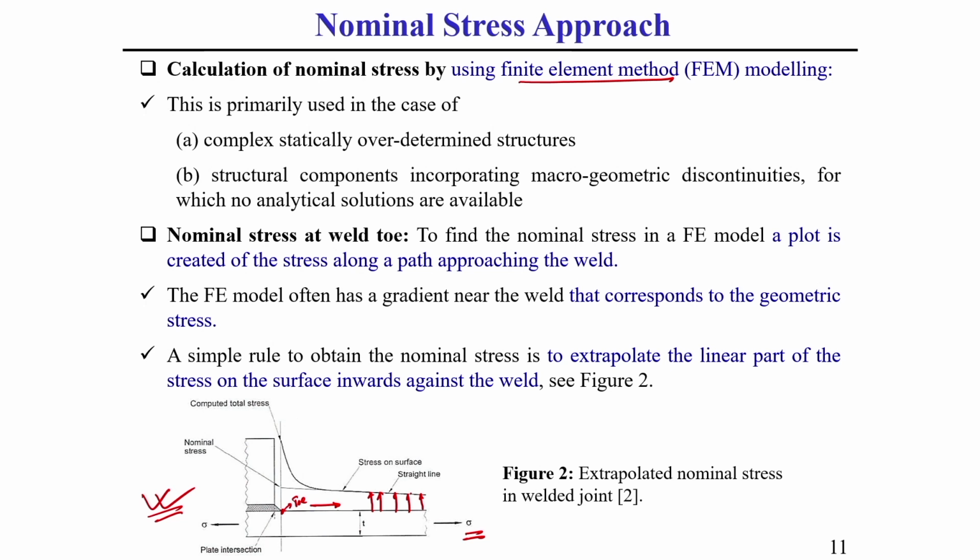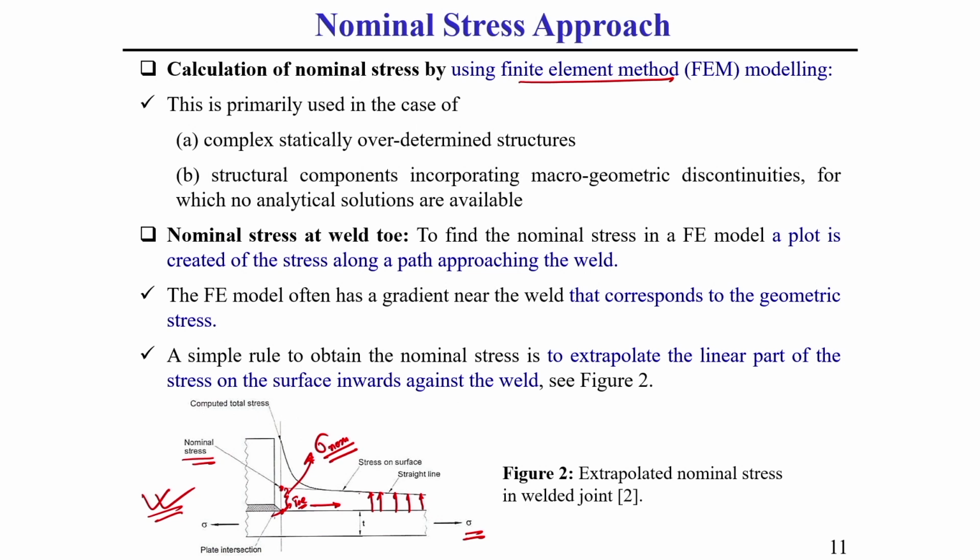For this case we need to calculate the nominal stress by extrapolating this linear region stress towards the toe zone. After extrapolating, at the point where this linear zone line cuts at the toe region, whatever stress value we get is called the nominal stress for this weld toe. This you should keep in mind.